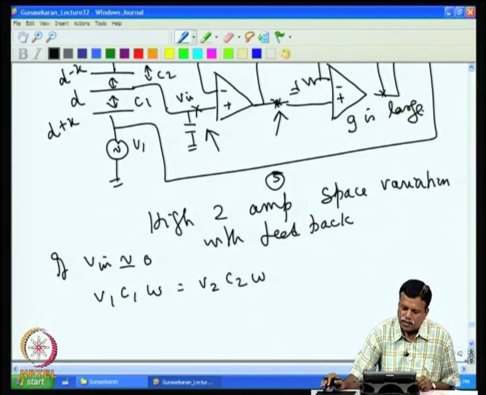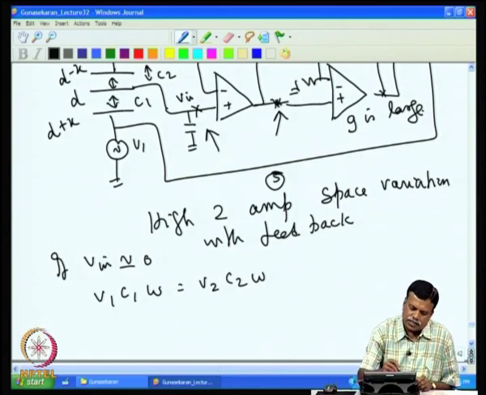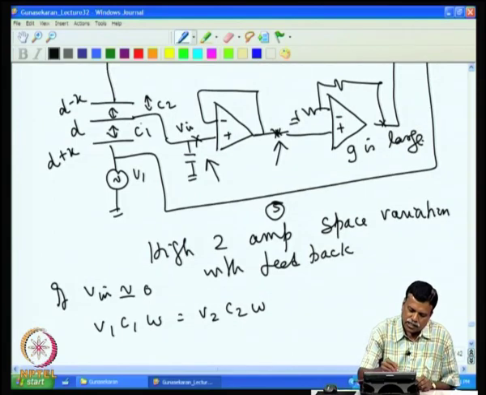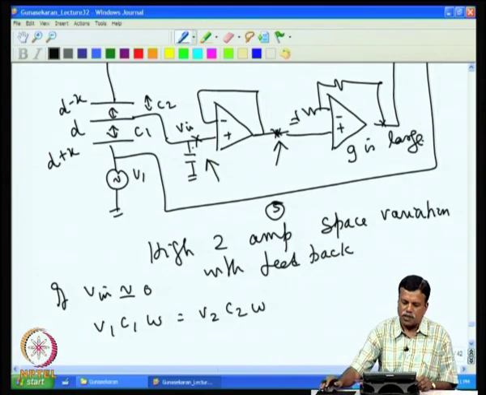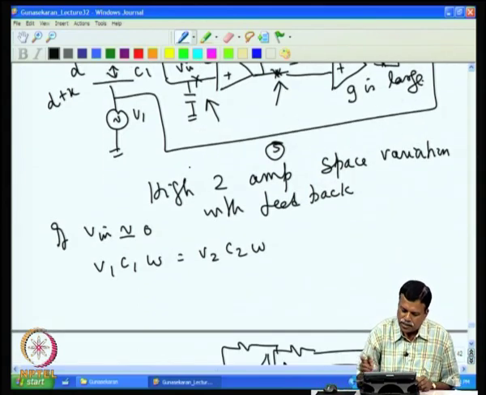They have to be equal, because then only this current, which is V1 C1 omega, and the current coming from here, V2 C2 omega, will be 0. So, that actually makes the equation simple. So, we can write that V1 by V2 is actually C2 by C1.